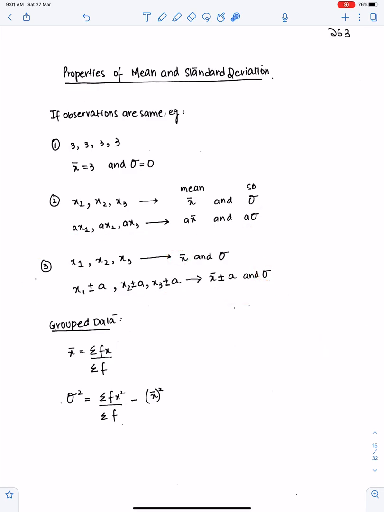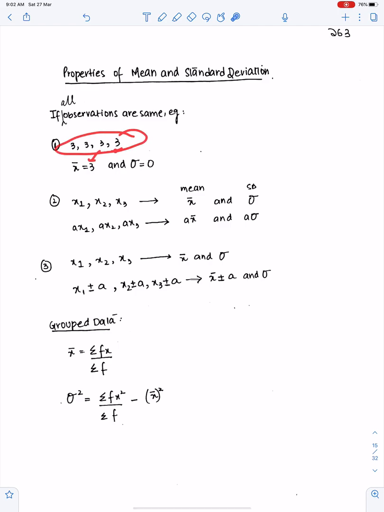Let me summarize these properties, because these properties are very important. Number 1, if all observations are the same, for example 3, 3, 3, 3, then their mean must be that observation.